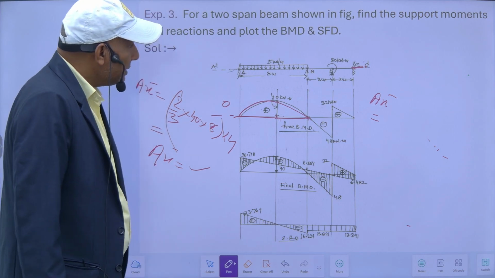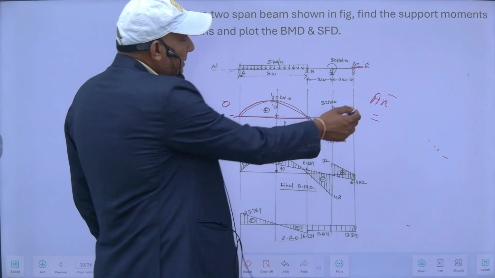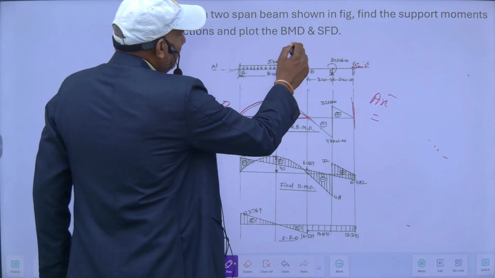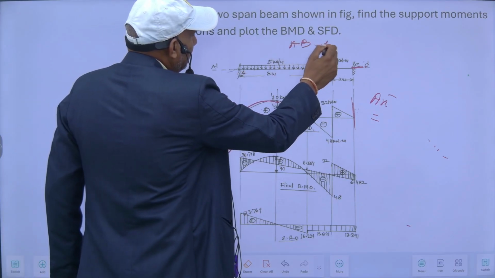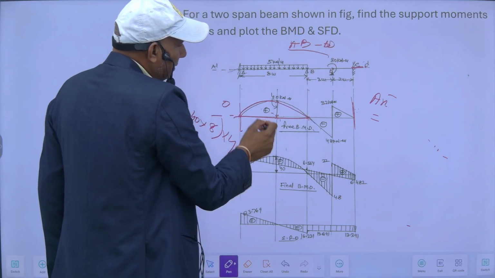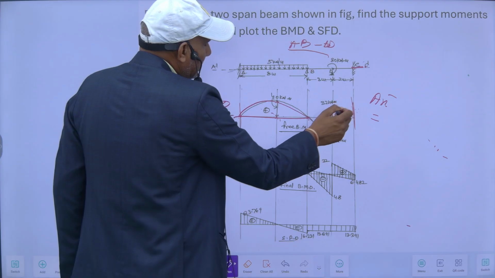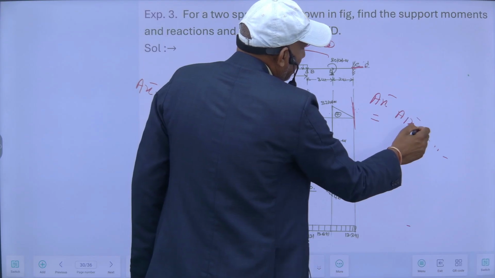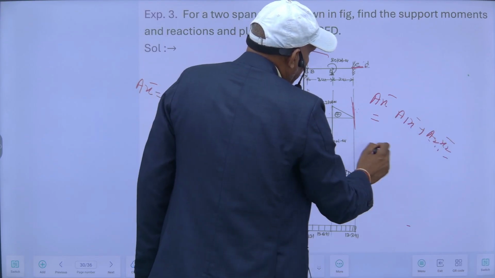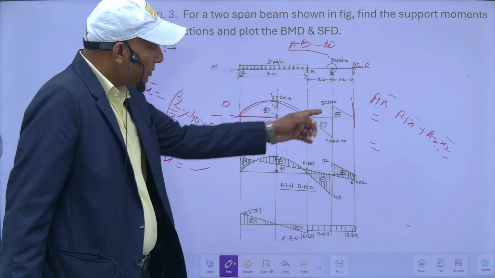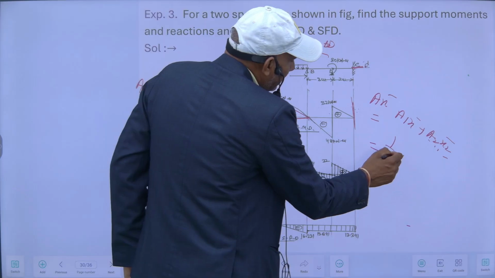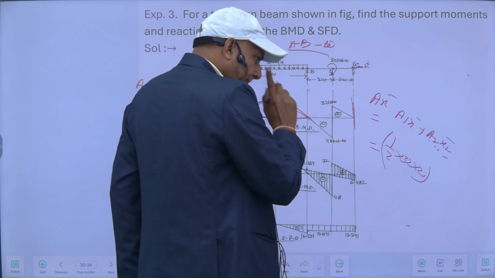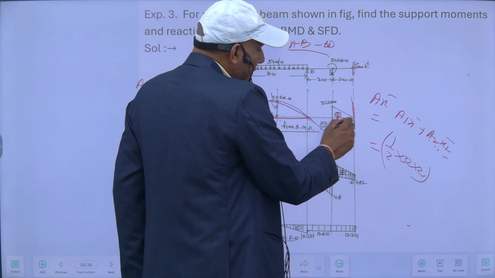This distance should be from this end. When I apply the three moment theorem for AB and BD, then distance from this end, and for this span distance from this. So A x bar in this case will be A1 x bar plus A2 x bar. Separately for this positive portion, it will be 1/2 into 32 into this length is the area. It will act at 2/3 of this distance.